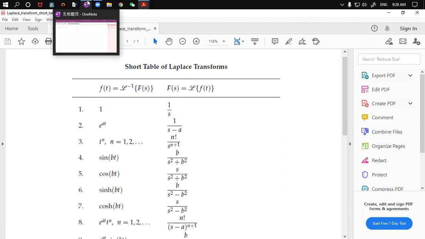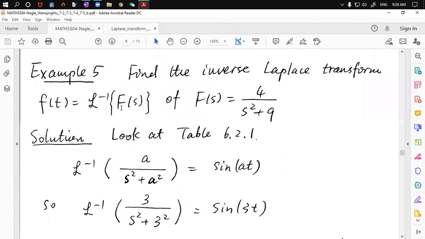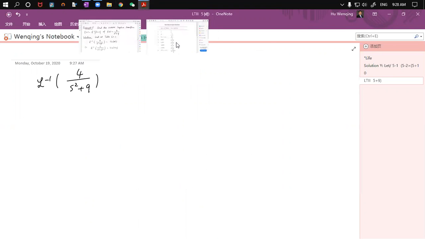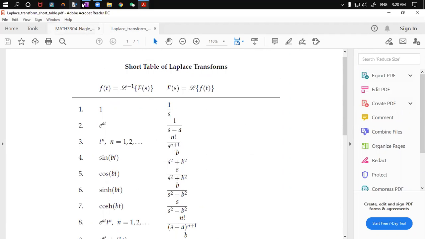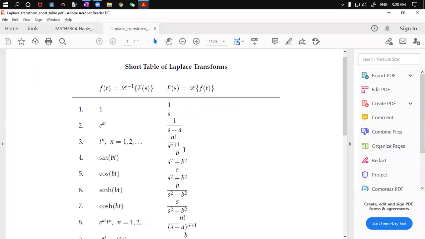Okay, so this is going to be very important for your future examinations. Let me show you some examples. For example, can you find the inverse Laplace transform of 4/(s² + 9)? What should I do? Well, I should look at the second column of this table and see which function looks pretty much like 4/(s² + 9).